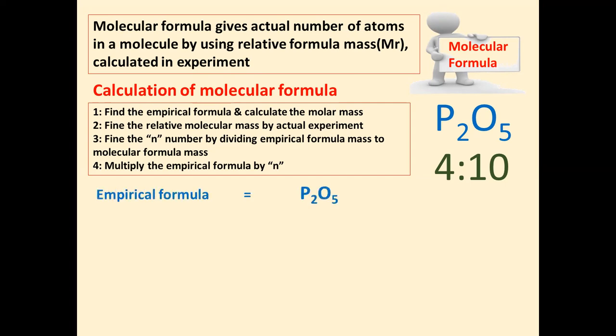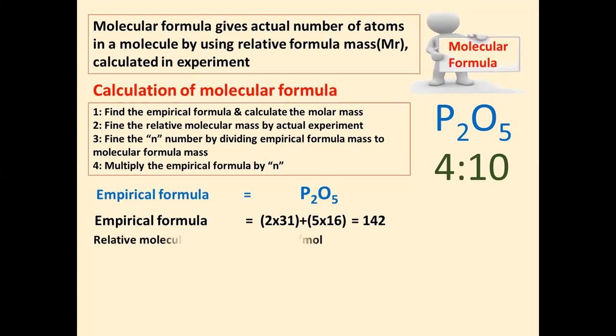For example, if we have phosphorus with an empirical formula of P2O5, the empirical formula mass will be: phosphorus in the periodic table is 31, multiplied by 2, plus oxygen is 16, multiplied by 5, and this gives us 142. This is our empirical formula mass.